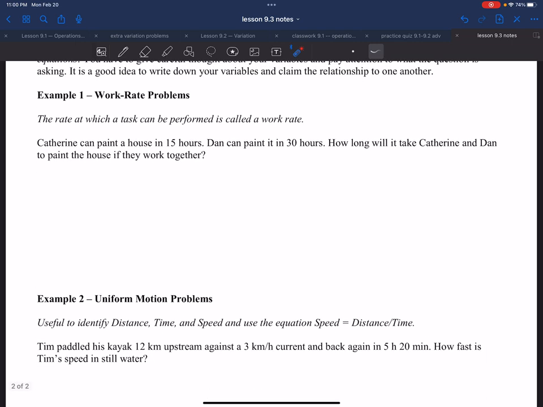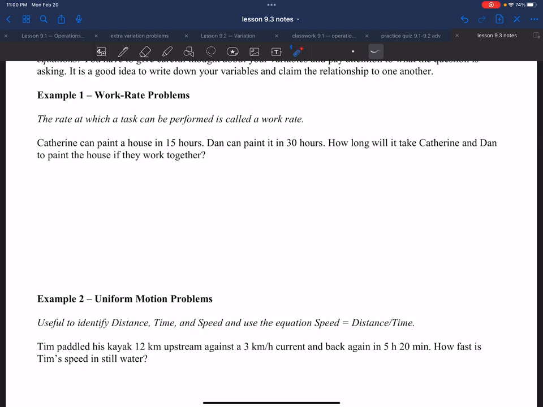Okay, so I'm going to look at example 1. There's kind of 2 main types of rational problems you're going to run into. I suppose there's more than just 2, but these are the 2 main ones you're going to see. And the first is called a work rate problem.